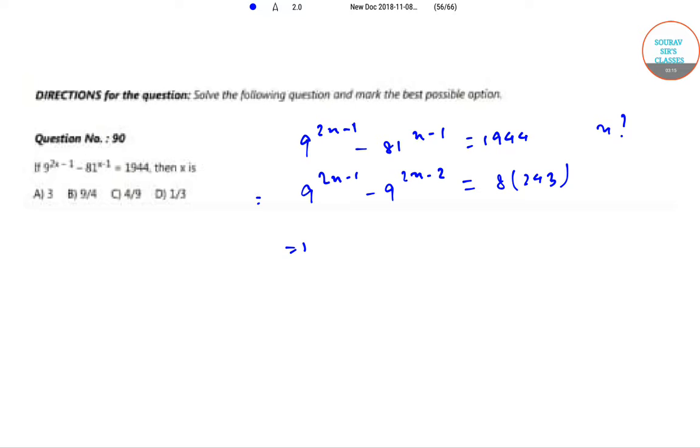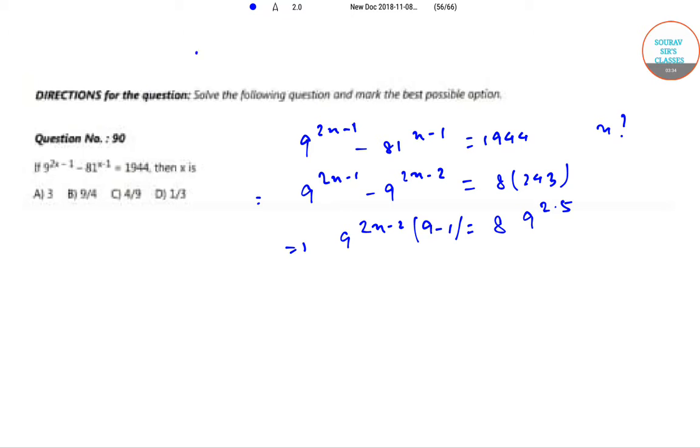So from here we get 9 to the power 2x minus 2 into 9 minus 1 is equal to 8 into 9 to the power 2.5.